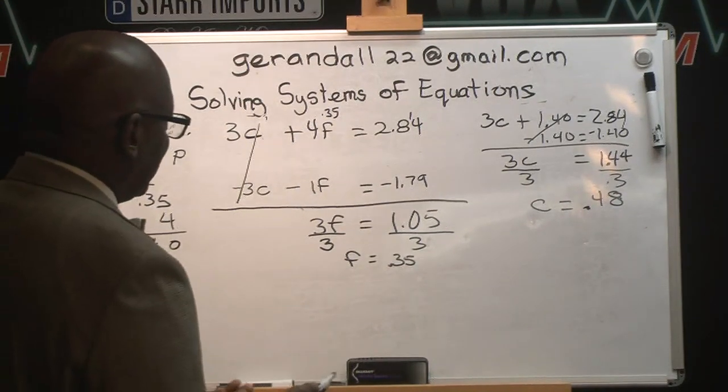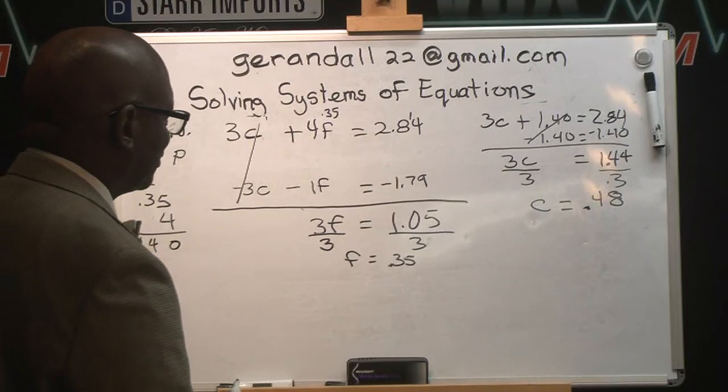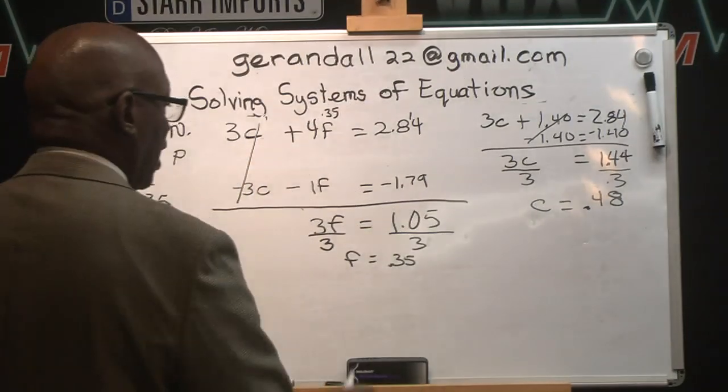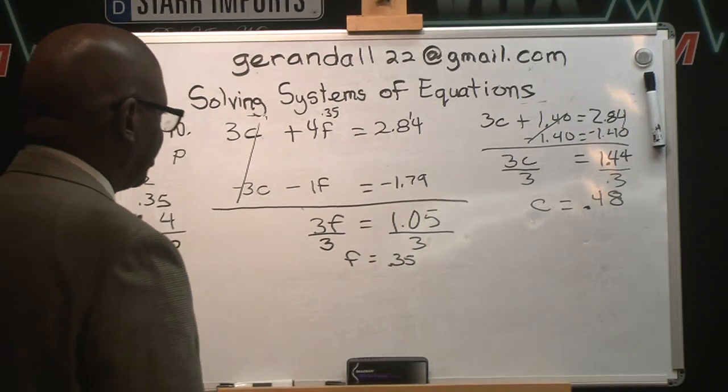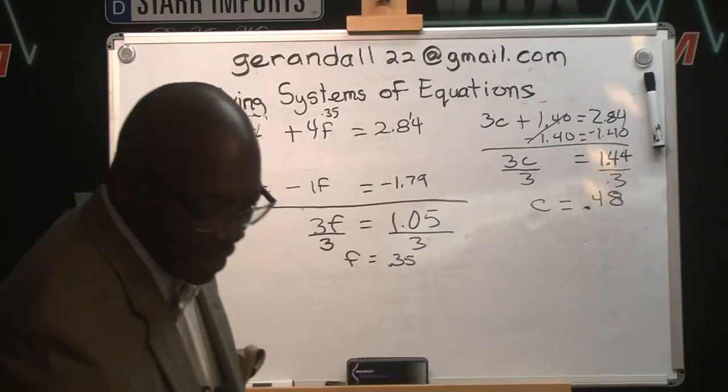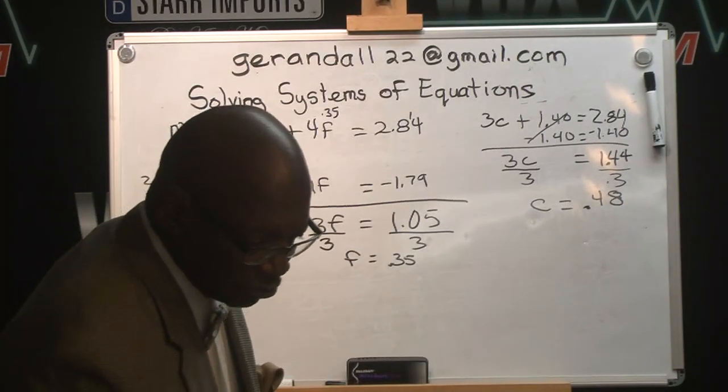It's imperative to check, okay? Because now we have the cost of the candy and the cost of the fruit roll-up. But we should check. And we'll go back and look at the original equation.